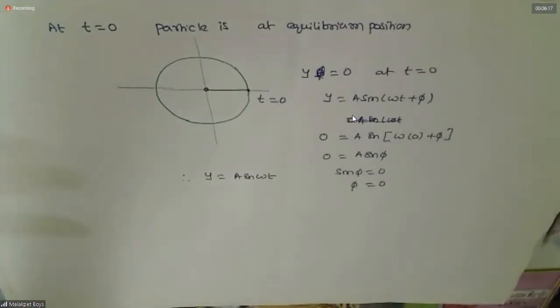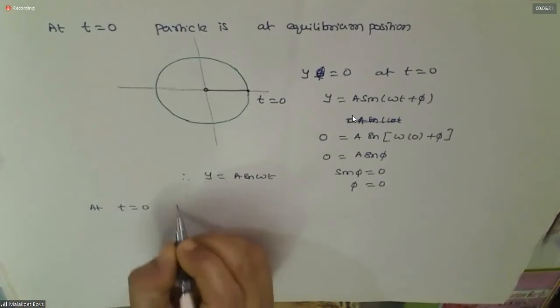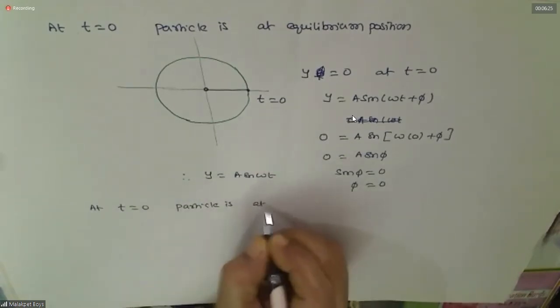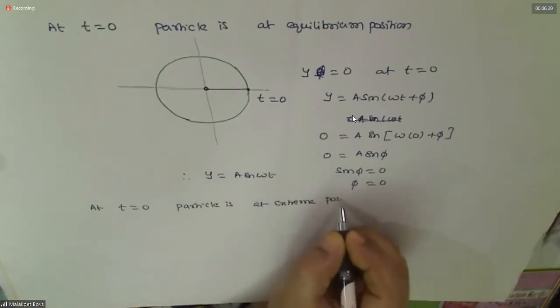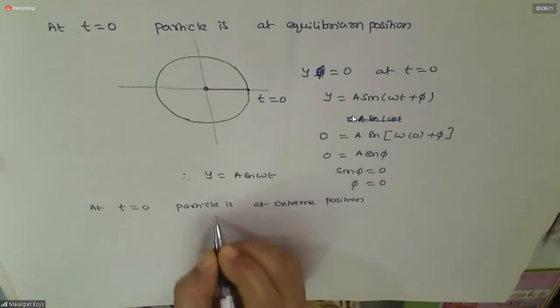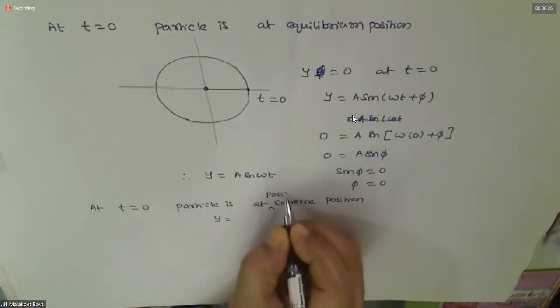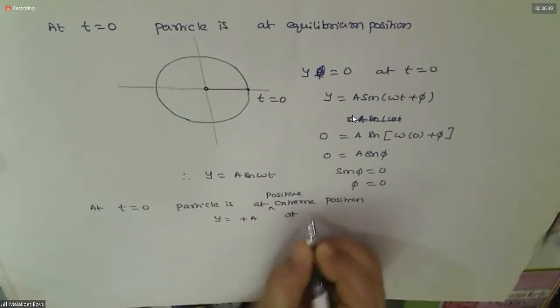Okay. Now suppose at t equals 0, the particle is at extreme position. That means y equals positive extreme. For example, y is plus a at t equals 0.